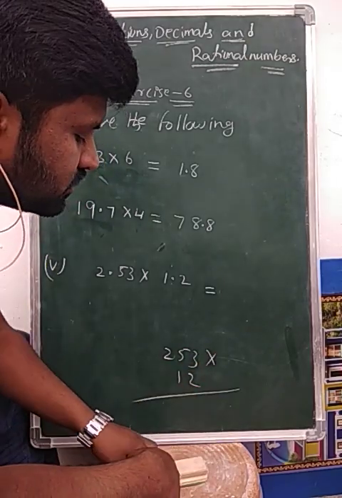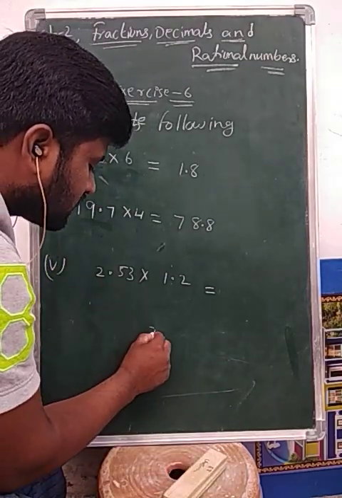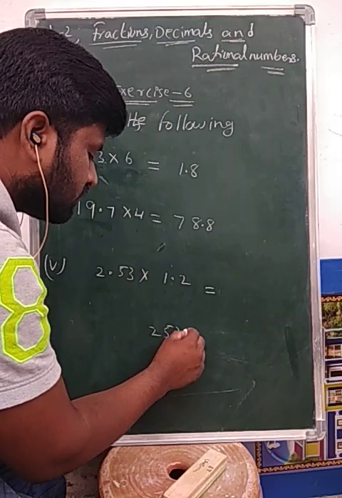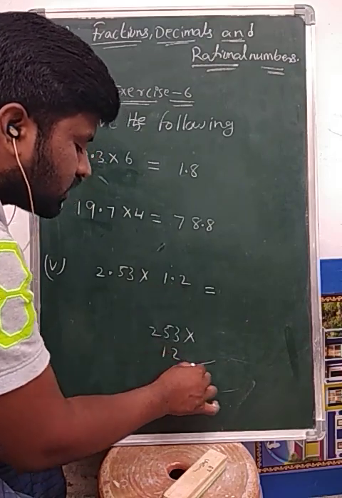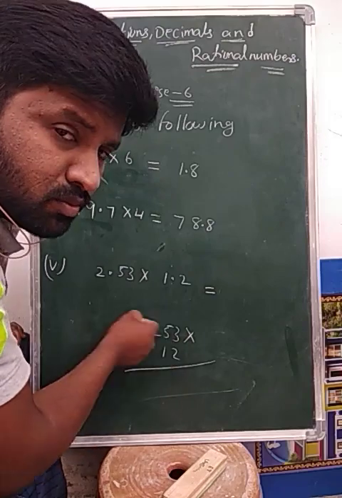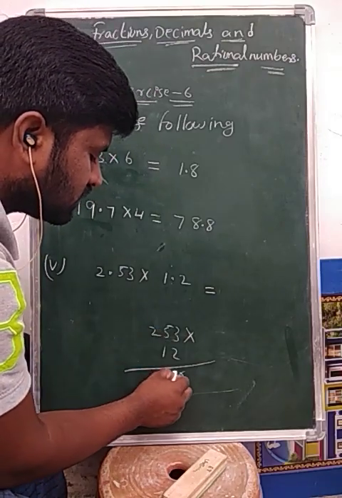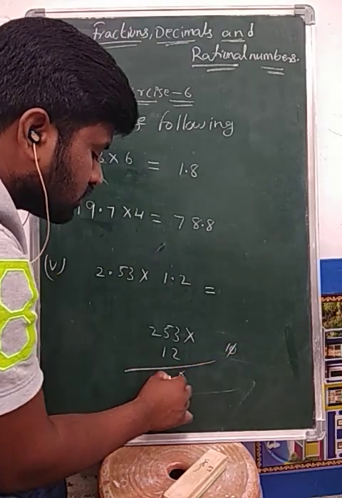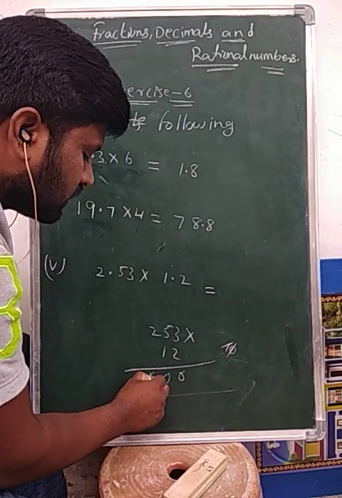Is it clear, my dears? Is it okay for you? Writing without the point, 253 into 1.2 without the point means 12. Now do the actual multiplication. 2 threes are 6, 2 fives are 10, 0, 2 twos are 4, 4 plus 1 is 5.